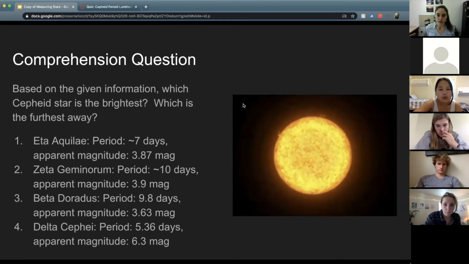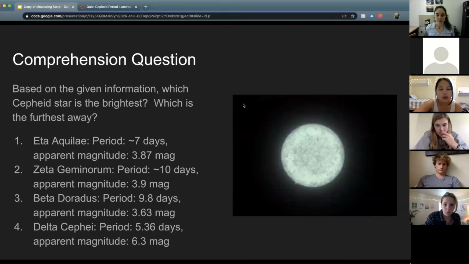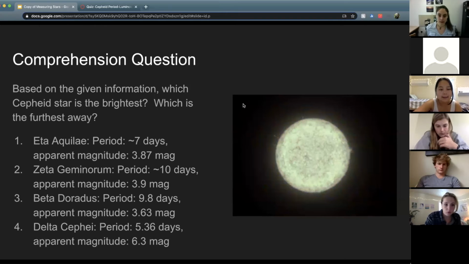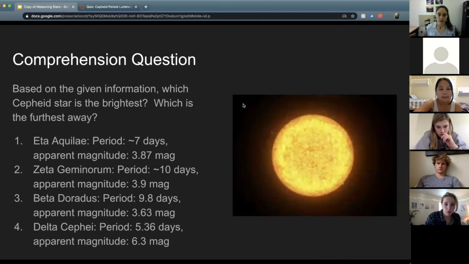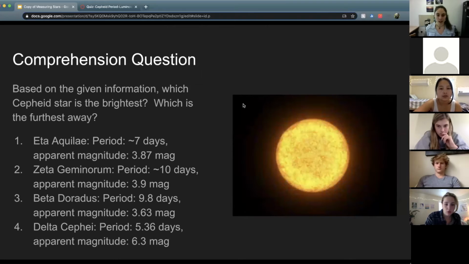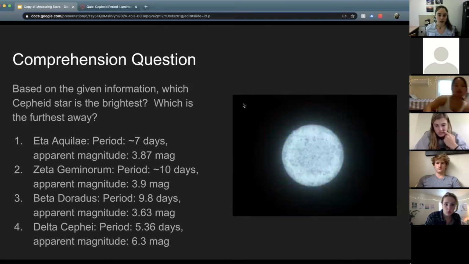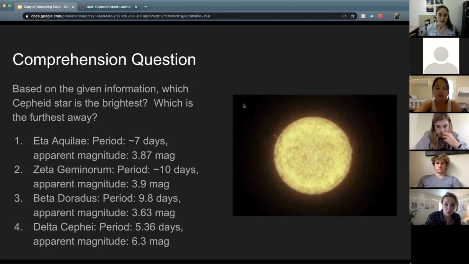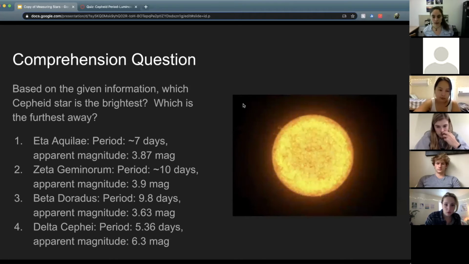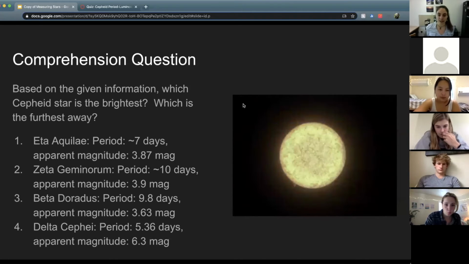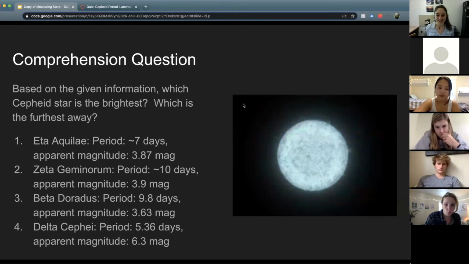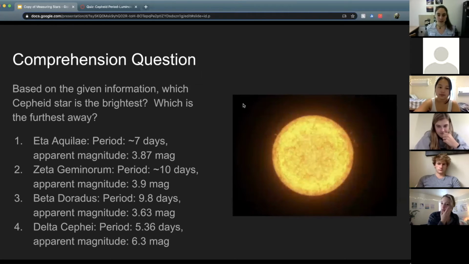It looks like a little over half of us have voted. Let's focus on that first question especially, which, with the information I have shown you, which one is going to be the brightest? And not appears the brightest, but is actually the brightest. So which one would have the brightest absolute magnitude?